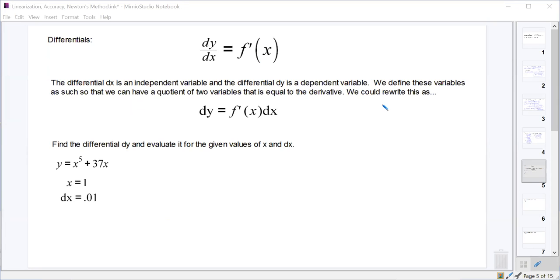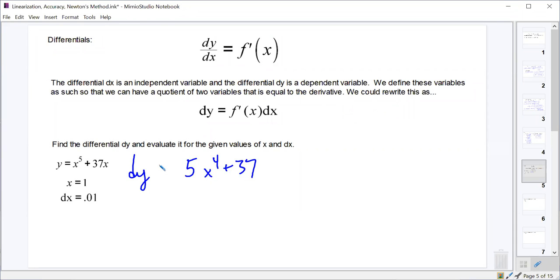Good? We remember doing this, hopefully? Even if you don't, it's pretty straightforward once we start doing it. So if we take the derivative of x to the fifth plus 37x, what does that give us? It should give us 5x to the fourth plus 37.